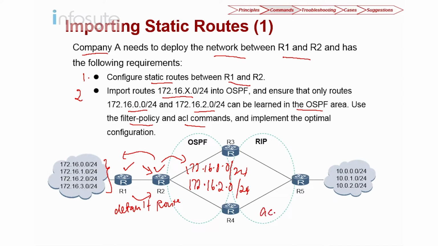So for our ACL, we are going to configure 172.16.0.0. Because we only want 0 and 2, which are the even numbers, we can use a wildcard of 0.0. Behind it I'm going to use a 0, here I'm going to use a 2.